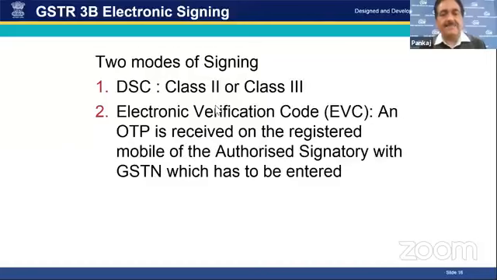The most common option for filing returns or other submissions is for taxpayers not falling into the category of companies and LLPs. If they don't fall under this category, they can use the EVC, electronic verification code facility. While opting for EVC, an OTP is received on the registered mobile of the authorized signatory with GSTN, which has to be entered.